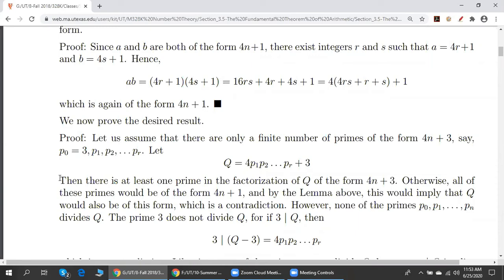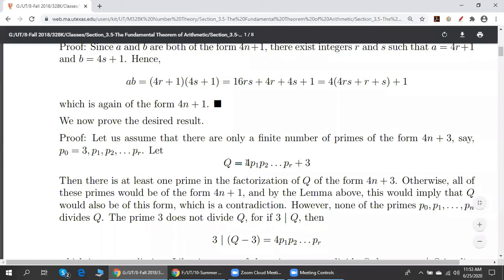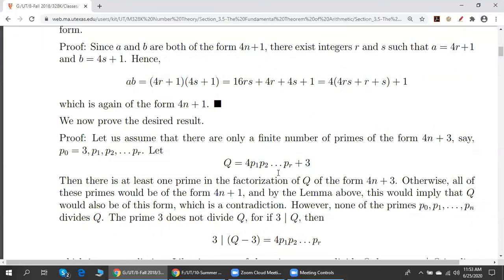Could you just explain briefly why Q cannot be in the form 4n plus 1? Because it is of the form 4n plus 3. By the division algorithm, a remainder is unique. According to what is written here, we conclude that if we divide Q by 4, the remainder is 3.